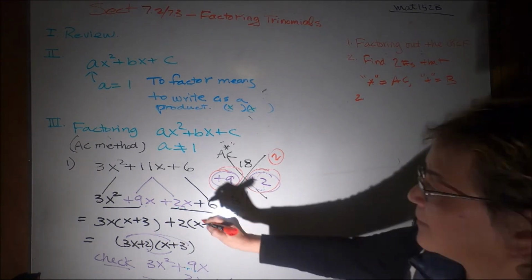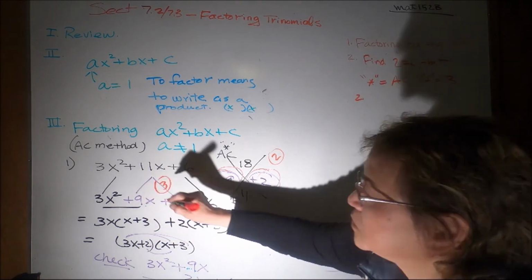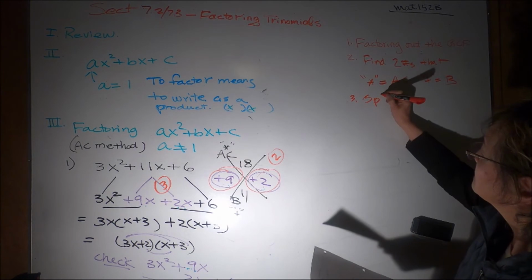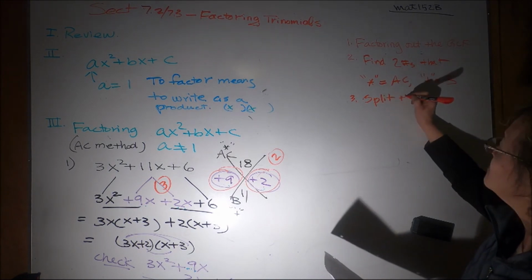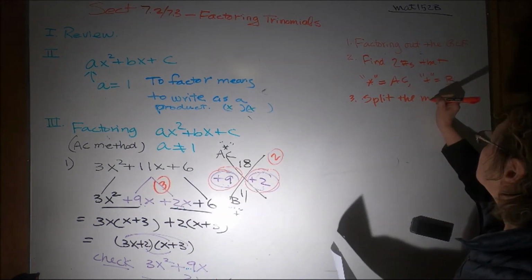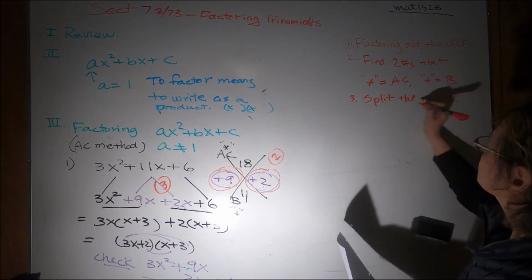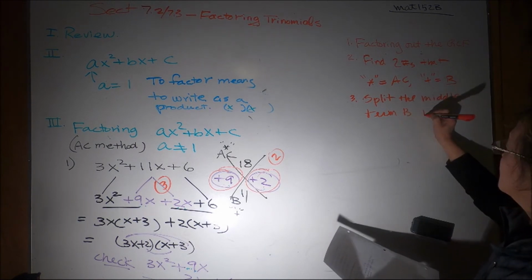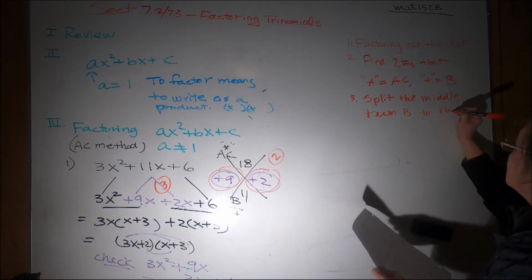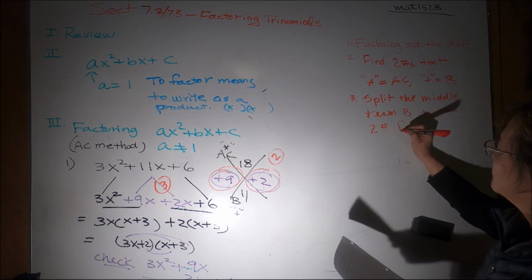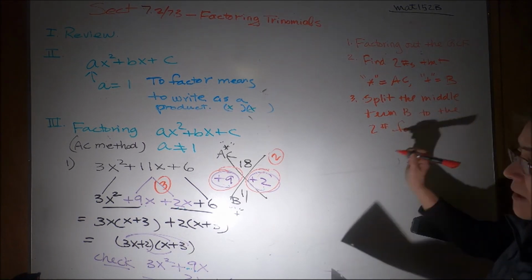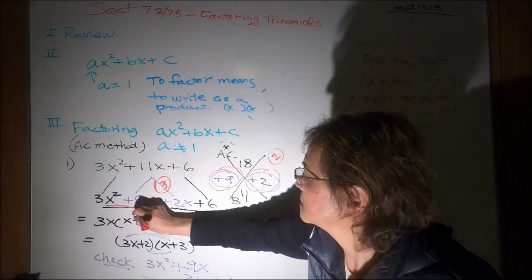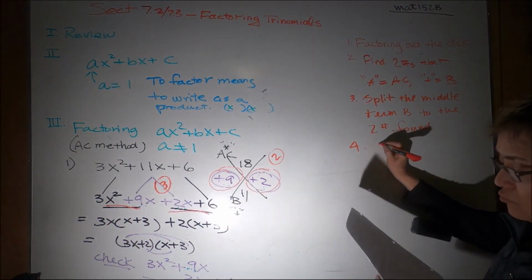Then what's the third step? Third step, you will split the middle term B to the two numbers we just found, right? You split them. Then what do we do next? We will group them.